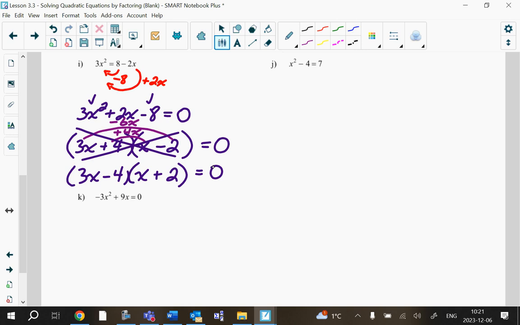Remember, we're not done yet. So I have to set 3x minus 4 equal to 0. What does x work out to when I solve 3x minus 4 equals 0?